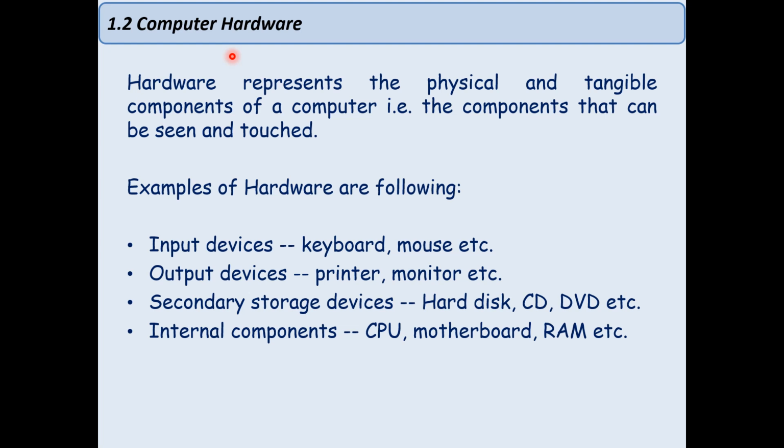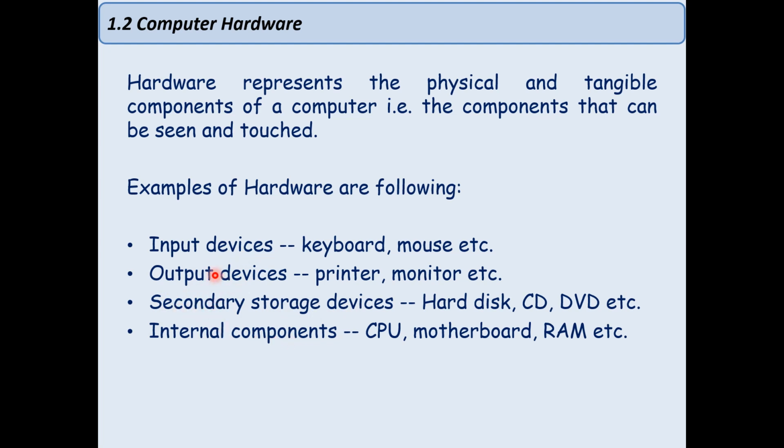Those are physical parts of the computer that you can see or touch. Anything that is an electrical or electronic instrument and you can see or touch is called hardware. And the main hardware elements of a computer are input devices, output devices, secondary storage devices, and the internal components.